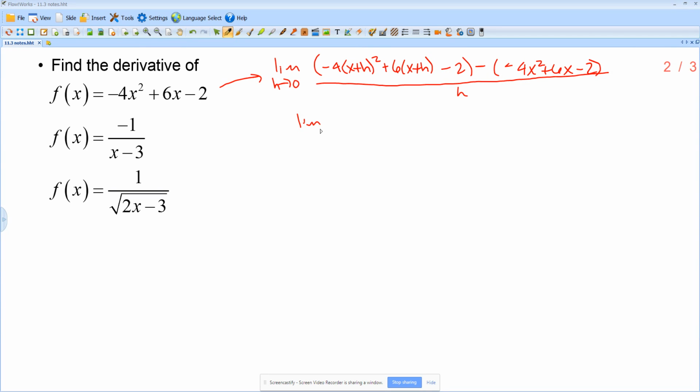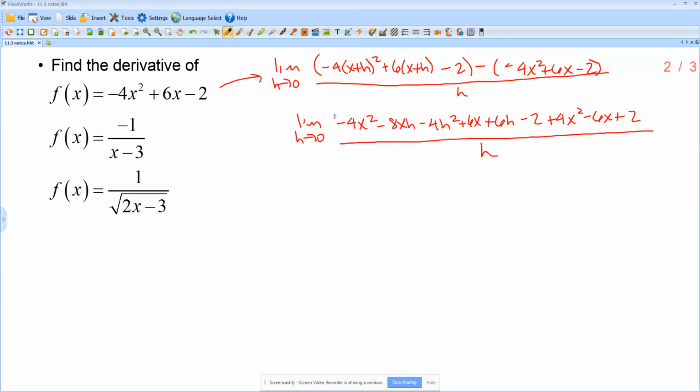So it becomes the limit as h approaches 0 of -4x squared minus 8xh minus 4h squared plus 6x plus 6h minus 2 plus 4x squared minus 6x plus 2, all over h. My -4x squared, positive 4x squared. My -2, positive 2. My -6x, positive 6x.